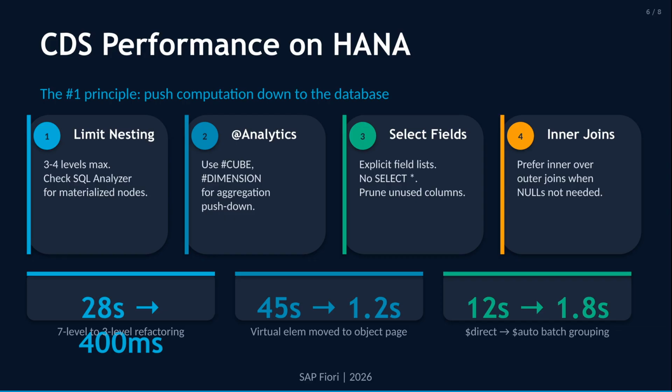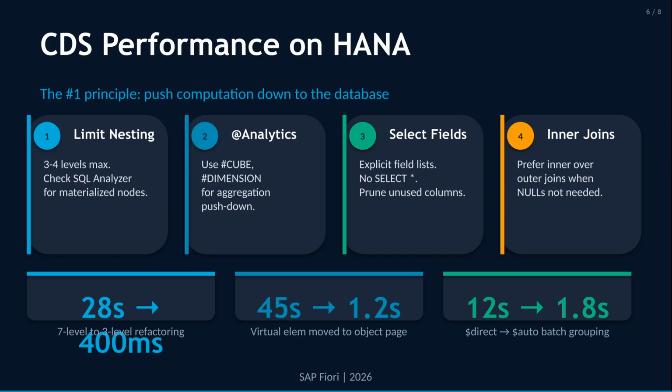Three optimization strategies. First, avoid nested views beyond 3 to 4 levels deep. Each nesting level adds complexity to the HANA execution plan. Use the HANA SQL Analyzer or the Eclipse CDS analysis tools to visualize execution plans. Second, use aggregation annotations strategically.